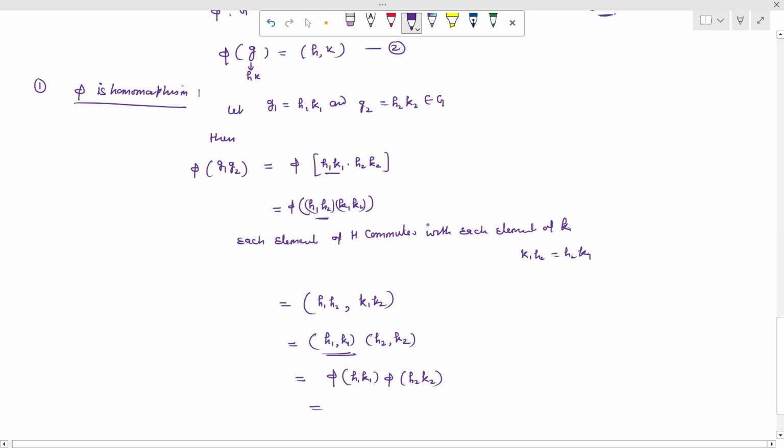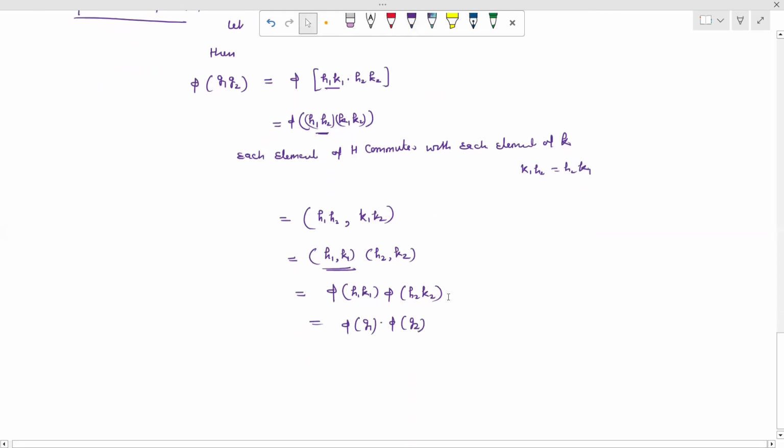So this will be equal to function of G1 and function of G2. So the function of G1 G2 is equal to function of G1 into function of G2, where we have considered G1 into G2. So we can say that the function phi is a homomorphism.